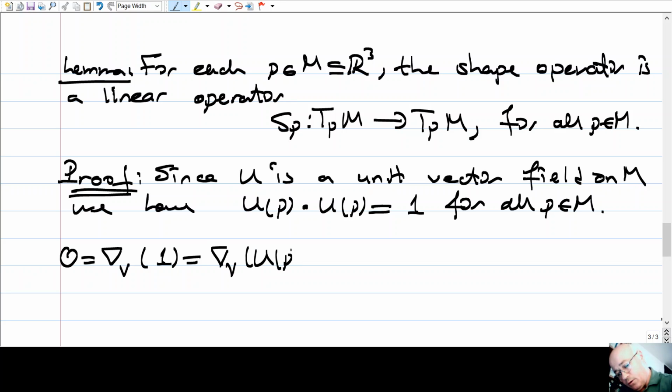So the derivative of this dot product is 0.